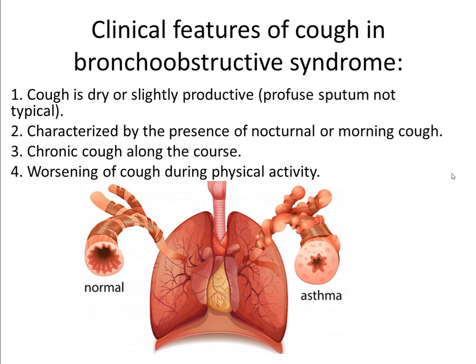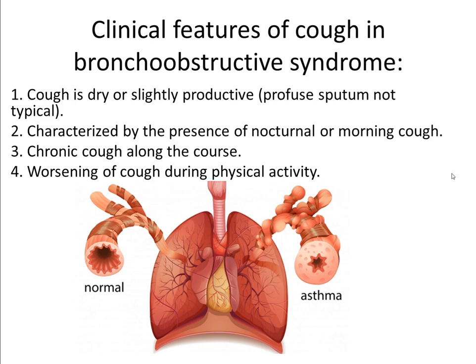Clinical features of cough in bronchoobstructive syndrome. Cough is dry or slightly productive, and profuse sputum is not typical. Characterized by the presence of nocturnal or morning cough, chronic cough along the course, and worsening of cough during physical activity.